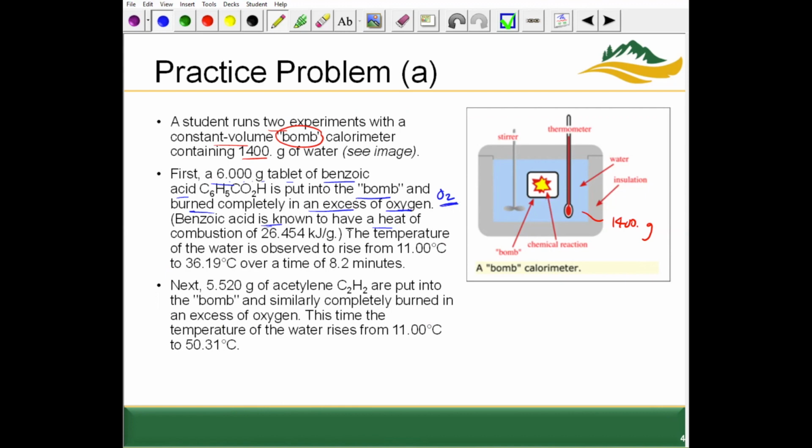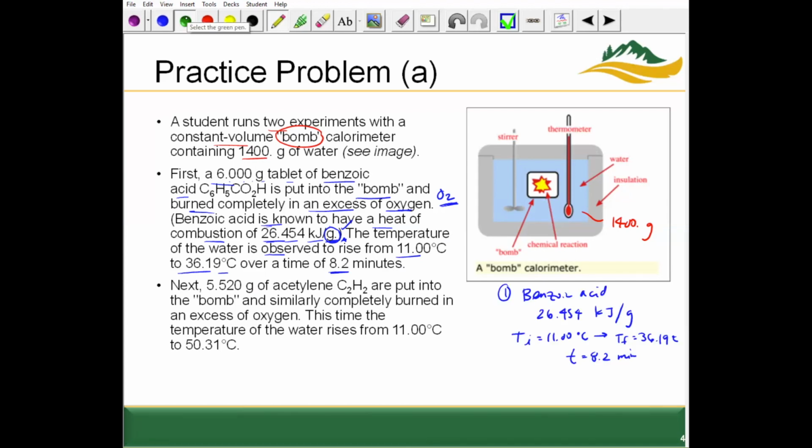Benzoic acid is known to have a heat of combustion of 26.454 kilojoules per gram. We need to pay attention to these units here. It's not per mole like we saw in the last part. This time it's on a per gram basis. The temperature of the water is observed to rise from 11 degrees Celsius to 36.19 degrees Celsius over this period of time. That's the setup of the first experiment.